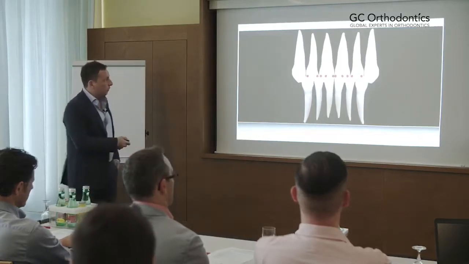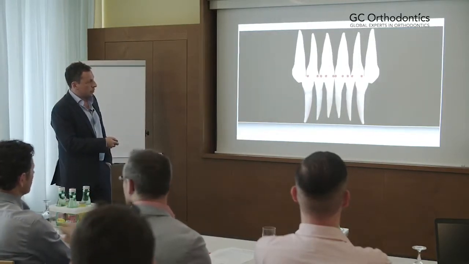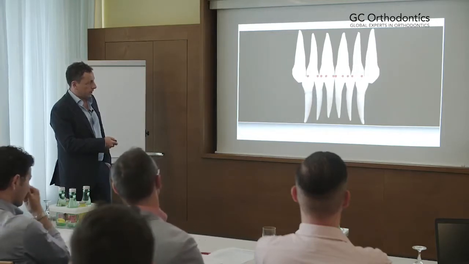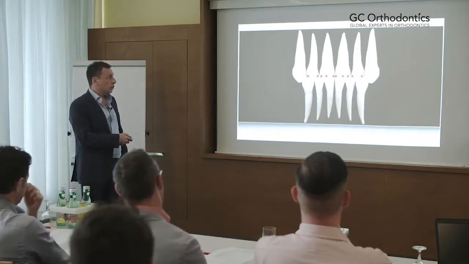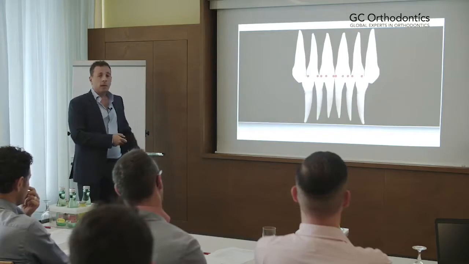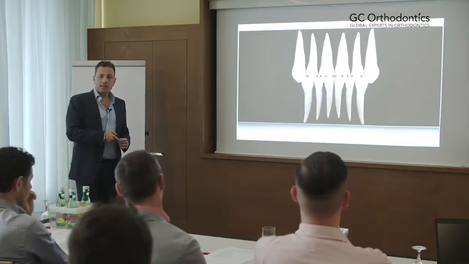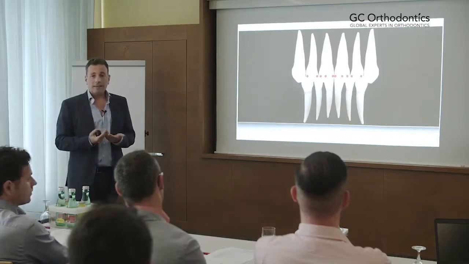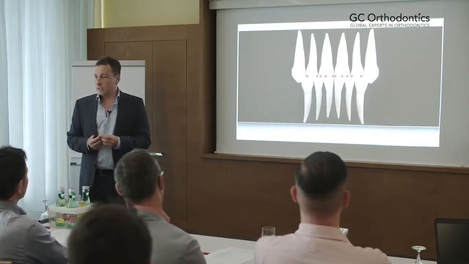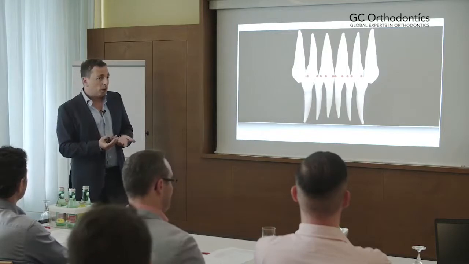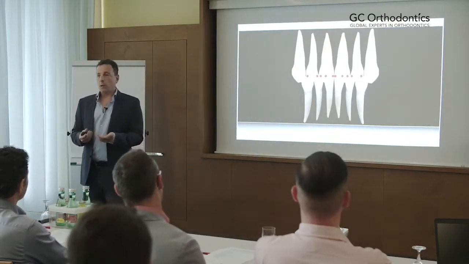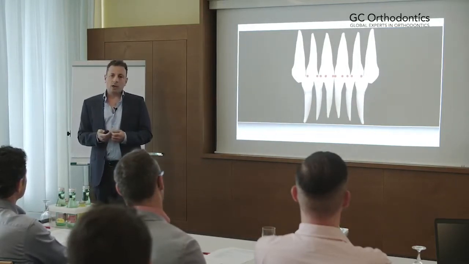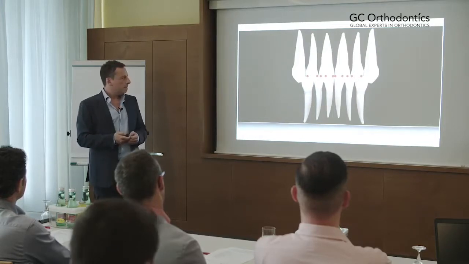In order to have all these contacts, especially the two central contacts, here and here, you need to go up next to the level of the lingual cingulum of the central incisor. Therefore, you need an overbite of at least 3 to 4 millimeters. An overbite of 1 to 2 millimeters is simply too little and will lead to a lack of stability over time.